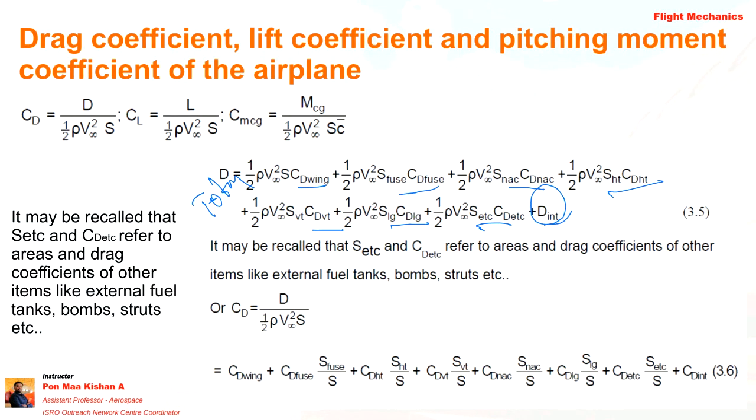Here they have given it with force, and here with coefficient of drag. The etc. indicates external fuel tanks, bombs or struts. In Cessna and others we will be having struts, so struts will also be included.